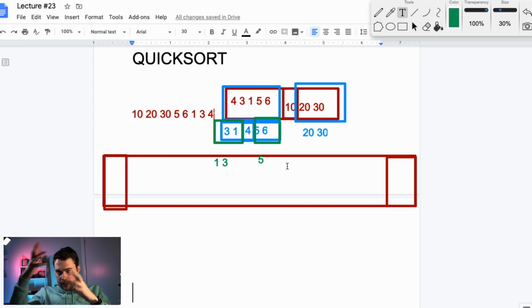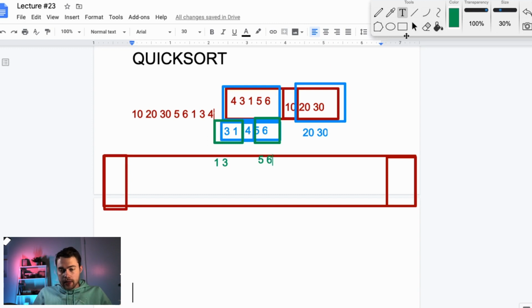Then after some iterations, you should read the code to see exactly how it happens, how i and j move, all that. It's pretty cool. So 5 is the pivot, and after the partitioning, everything on the left from 5, which is nothing, should be less than that, and everything on the right from 5, which is 6, should be greater than that.